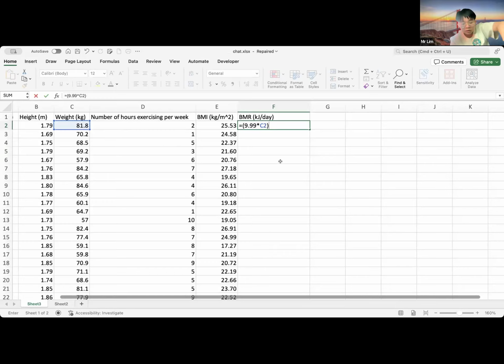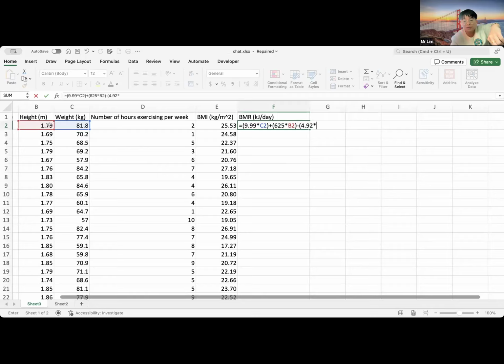And then plus, in a bracket, 6.25 multiplied by your height. Close bracket, and then minus, in the bracket, 4.92 multiplied by your age.